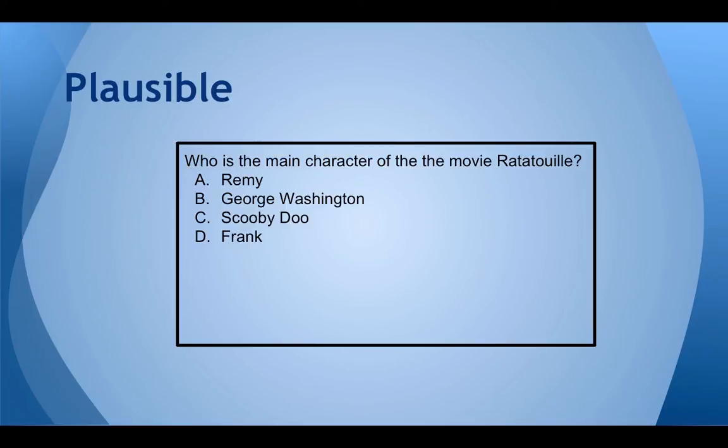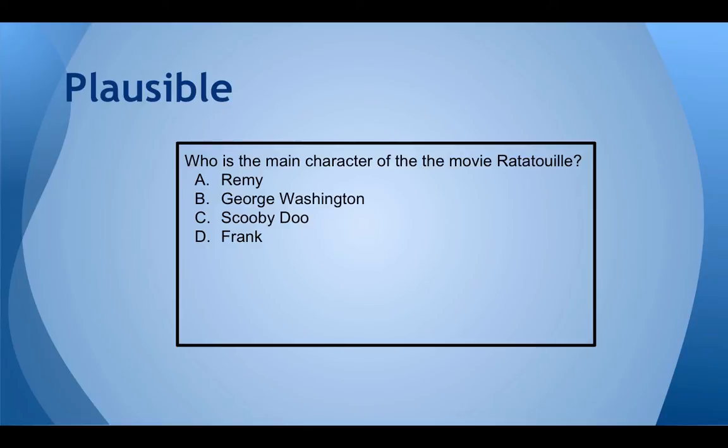Plausibility is another important thing we have to keep in mind. For example, if you look at this question that we have here, who is the main character of the movie Ratatouille, and we have 4 options. The problem with these answer options is that 2 of the options, B and C, are very improbable, because with Scooby-Doo and George Washington, any student with any kind of prior knowledge will be able to eliminate those options even when he or she may not know the right answer.